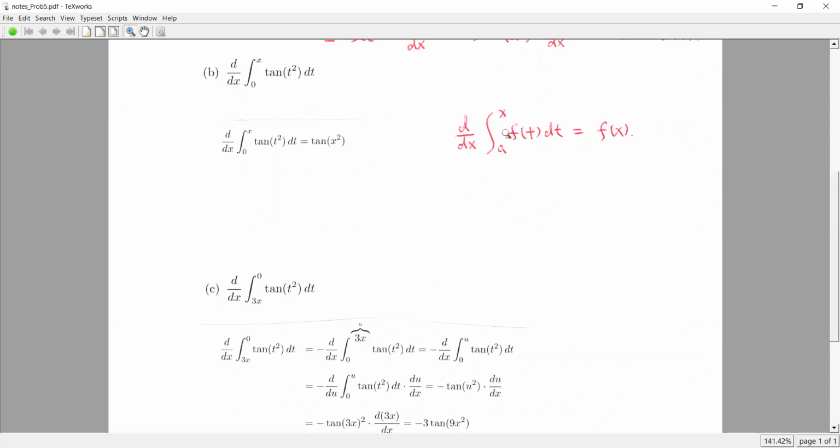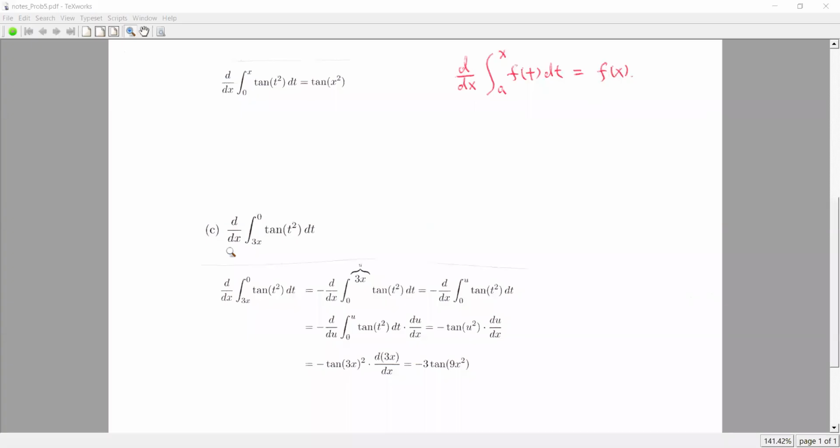To undo the integral, take derivative. Now, by this formula, this derivative is tangent x squared. Cancel derivative, cancel integral, and plug in x in t. This is the answer to part B.